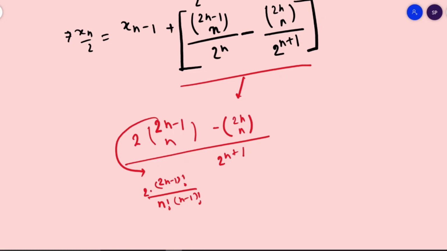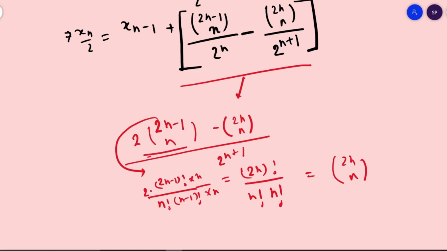If we multiply by n in both numerator and denominator, we get (2n) factorial over n factorial times n factorial, which is exactly (2n choose n). So this is (2n choose n) minus (2n choose n), which gives us 0.